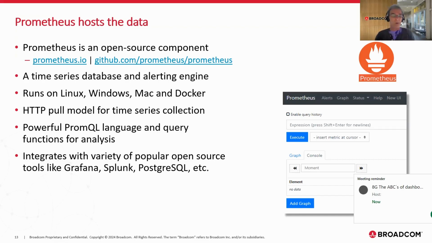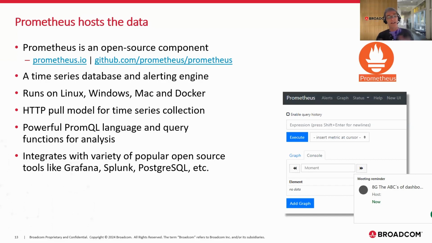So it has something called PromQL. It's Prometheus query language, and it's more or less SQL-like. So if you understand SQL, if you understand the function of predicates to filter data, then it's very easy to learn. And by the way, other components will actually help you construct PromQL, so you don't have to write it from scratch.